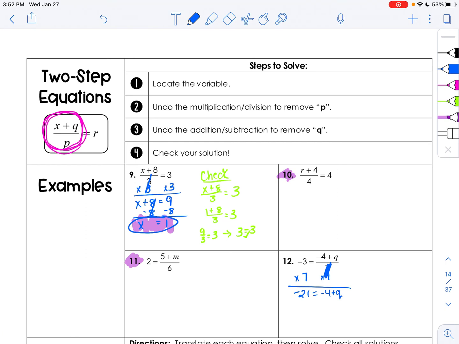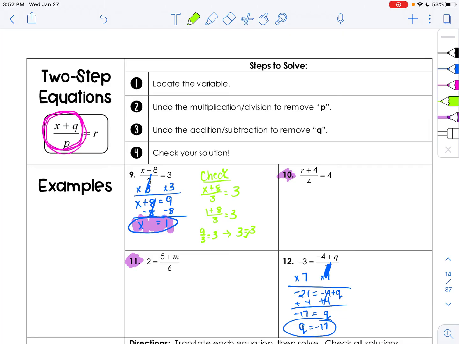And then I'm isolating the q, so I need to move that negative 4 over, and the opposite would be to add 4. Remember, we always want to do the opposite when we're moving things across the equal sign. Negative 21 plus 4 is negative 17 equals negative 4 plus 4 is 0, so that just marks out, and then you bring down your q. So that would be q equals negative 17.